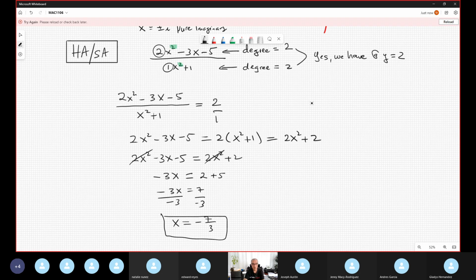When you are doing the graph of our function, this would be a super important point, negative 7 over 3. By the way, the decimal is minus 2.3 repeated. So the famous point is minus 2.3 repeated, comma 2, because remember, the y coincides with the y of the asymptote. Cool?